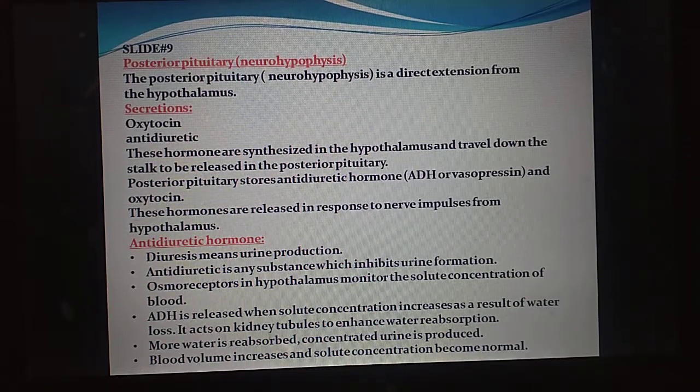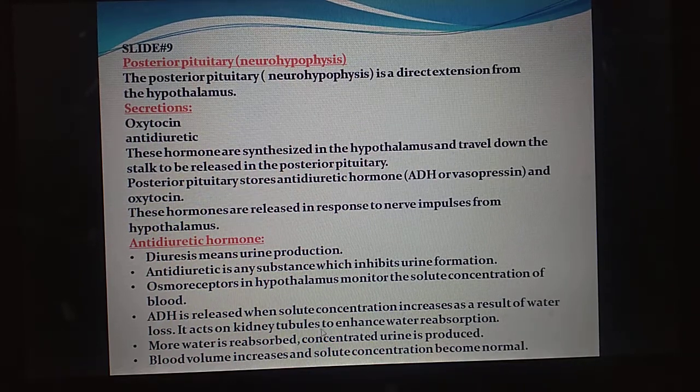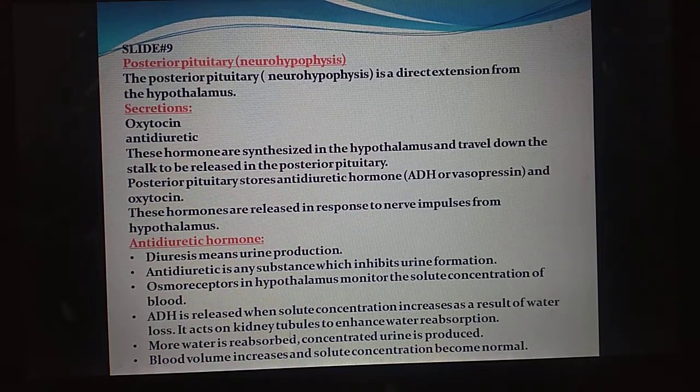It acts on the kidney tubule, especially the tubular portion of the nephron, that is the distal convoluted tubule and the collecting duct, to enhance water reabsorption. More water is reabsorbed and concentrated urine is produced. The blood volume increases and solute concentration becomes normal again.